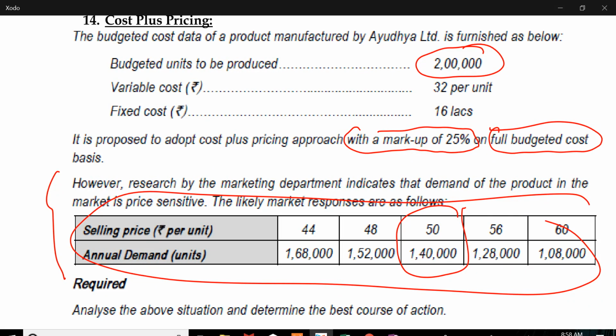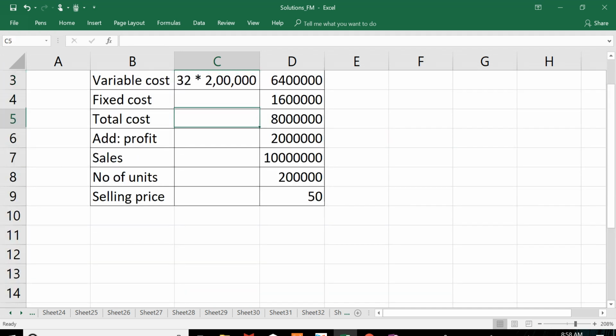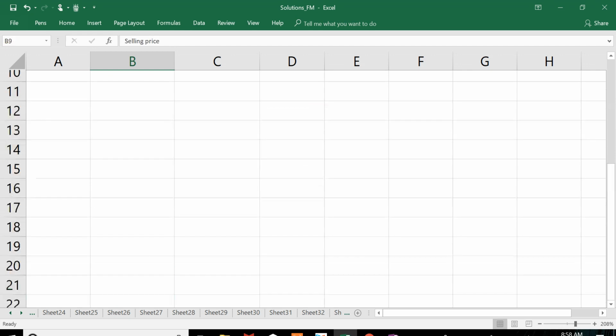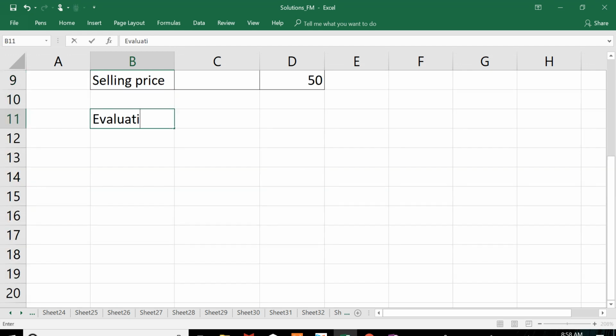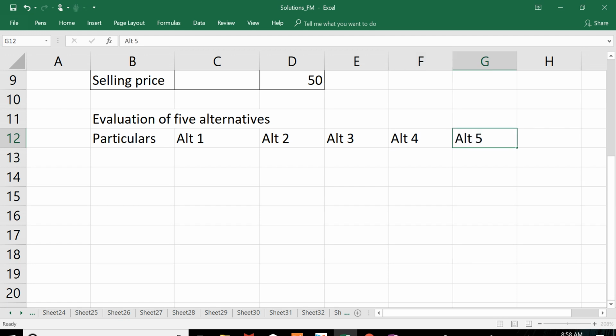Next, evaluation of 5 alternatives. Particulars, alternative 1. They have given 5 alternatives in the question.